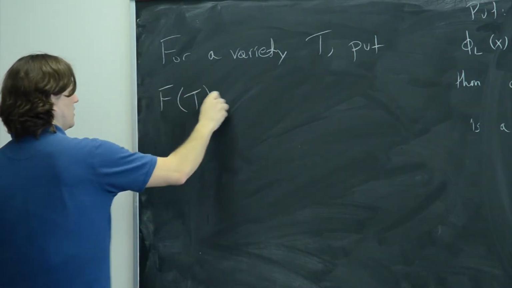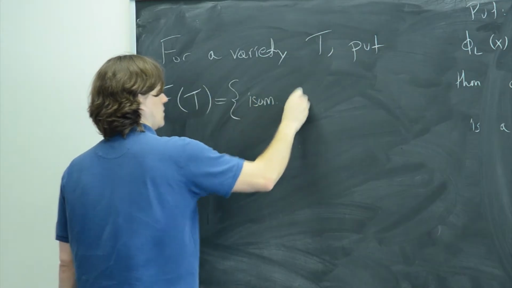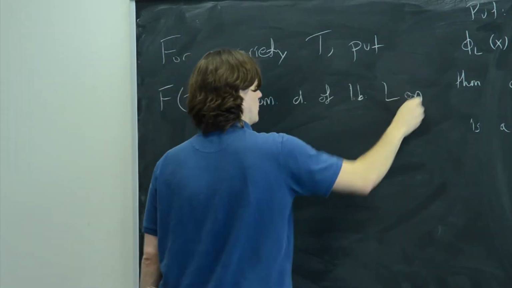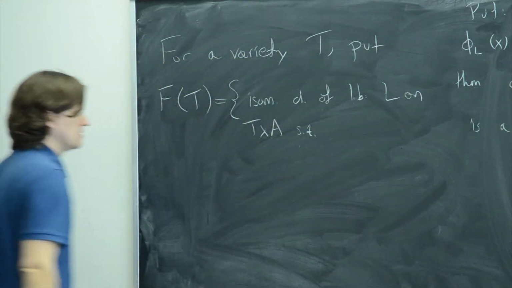Its value on T is going to be the set of isomorphism classes of line bundles L on the product of T with A that satisfy two conditions.